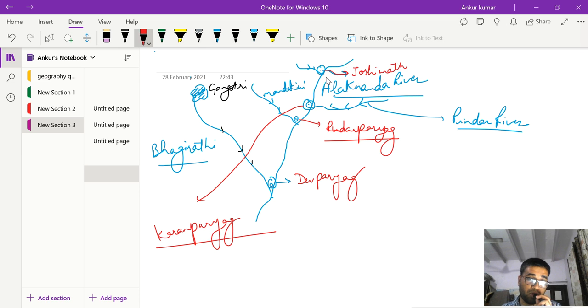Right. And beyond Joshimath, this stretch is called the Dhauli River.